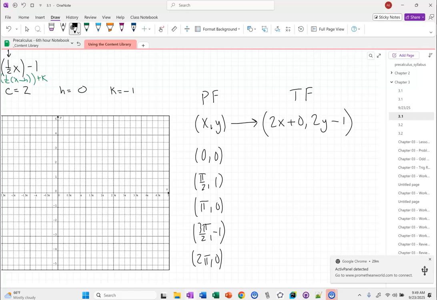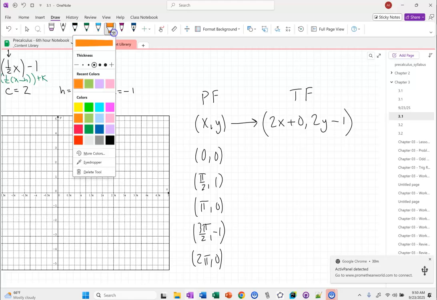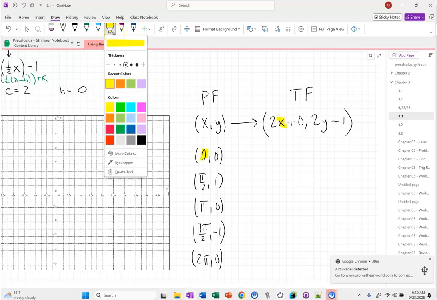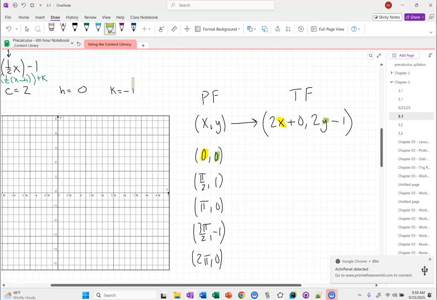No, these would be given to you, right? So what I'll do now is take my points one at a time and plug them into this map that I just made.